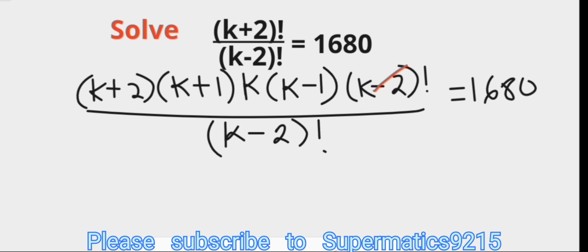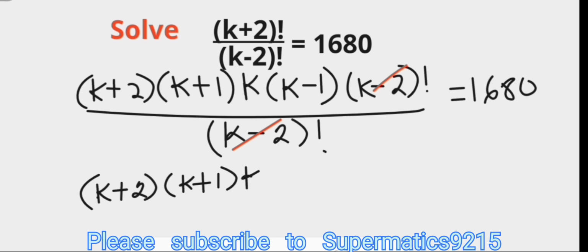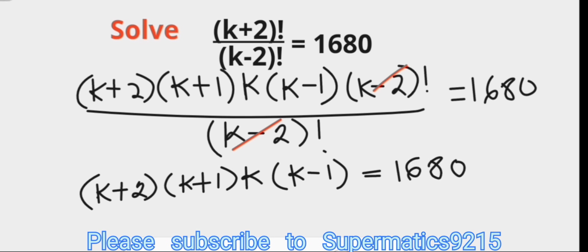So (k minus 2)! cuts out (k minus 2)!, and as such, we will be left with k plus 2 times k plus 1 times k minus 1 equals 1680.